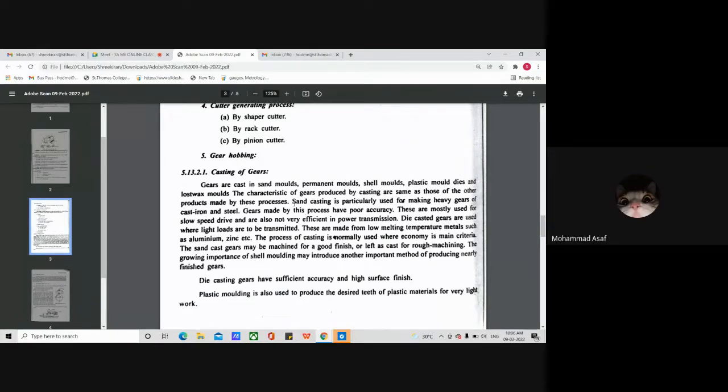High strength, okay. Not only high strength, there are other factors: good bearing power, good wear resistance, and ease of producing complicated shapes.